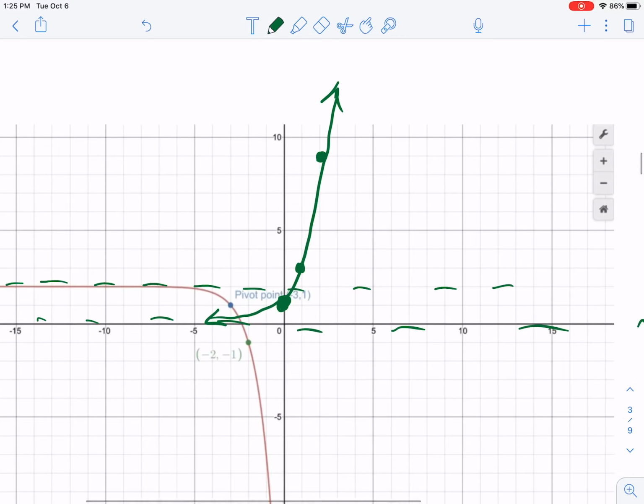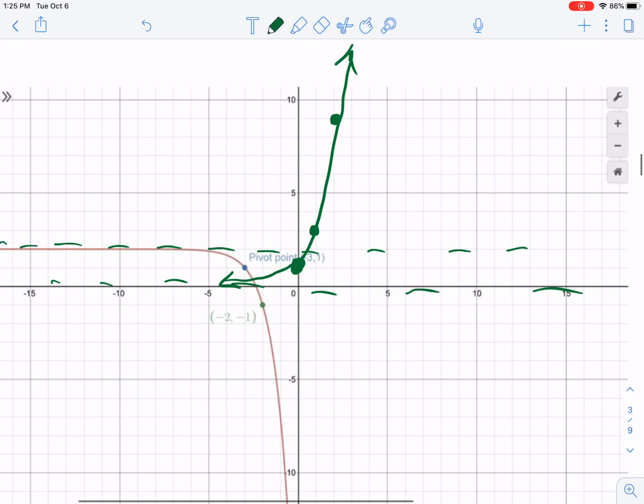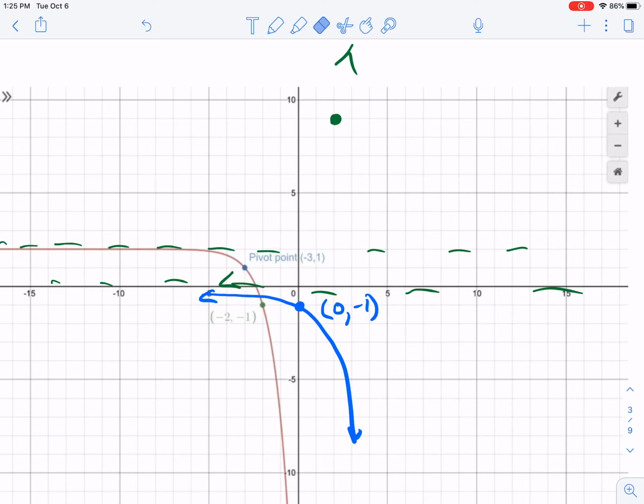Let's see what happens. So what we've done is we have now taken that graph and we've reflected it over the x-axis. And so here would be the pivot point if I reflect it over the x-axis. That's the point 0, -1. But now what they're telling me is that the pivot point is -3, 1.